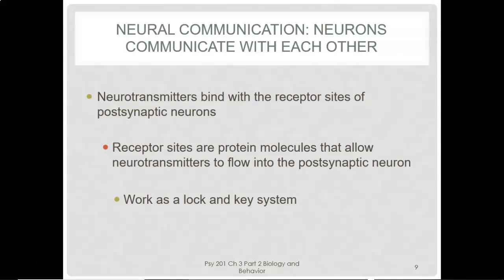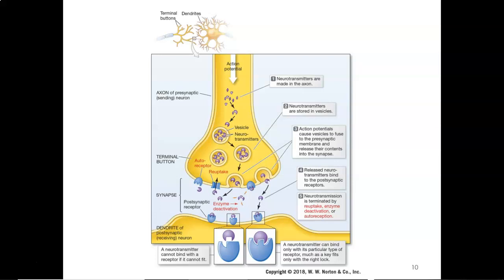This works as a lock and key system. As I just explained, different neurons are programmed to use different types of neurotransmitters. We're going to use the example of dopamine. Dopamine is our pleasure neurotransmitter.